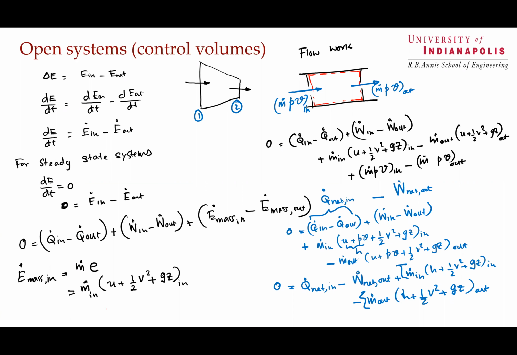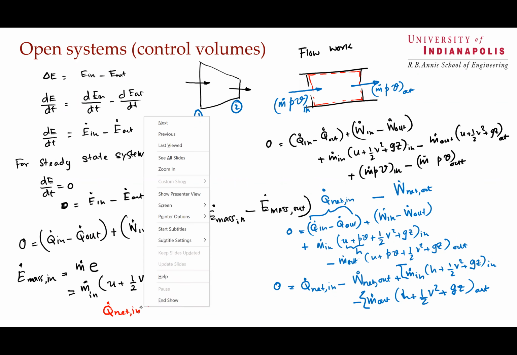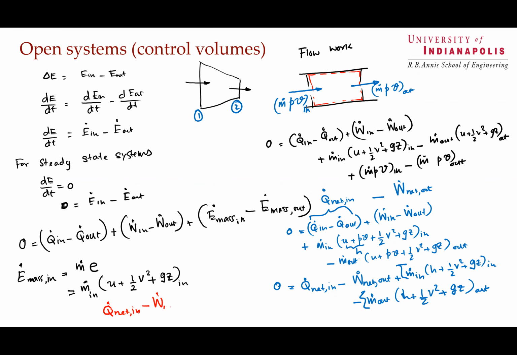So you have Q dot net in minus W dot net out plus, let's say one is the inlet, m dot 1 times (h1 plus half V1 squared plus gz1) minus m dot 2 times (h2 plus half V2 squared plus gz2) equals 0.